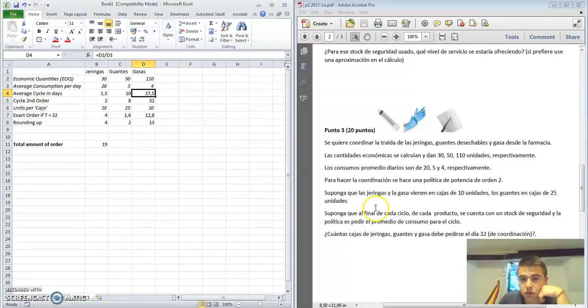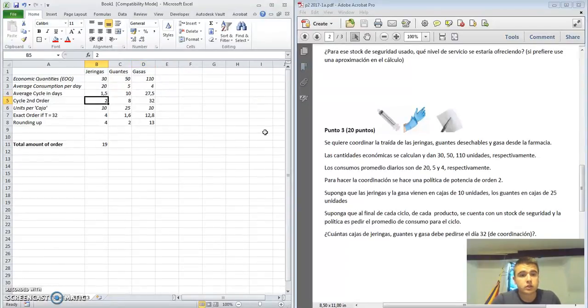But we are using a potencia de orden 2 politics, which means it should be a power of 2, so either 2, 4, 8, 16, 32, 64, etc. The average cycles are 1.5, 10, and 27.5, and the aim with the power of 2 order politics is to find the power of 2 which is the closest to this number.